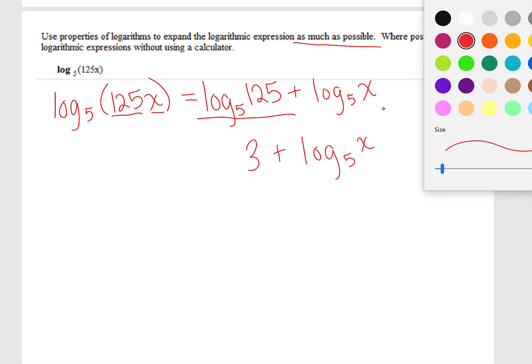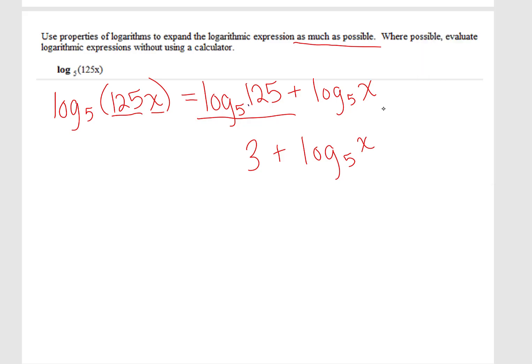Because remember what this is saying. 5 raised up to what number would be 125? Well, 5 raised up to 3 would be 125, so that's why it's equivalent to 3.